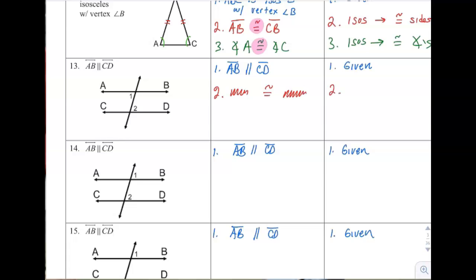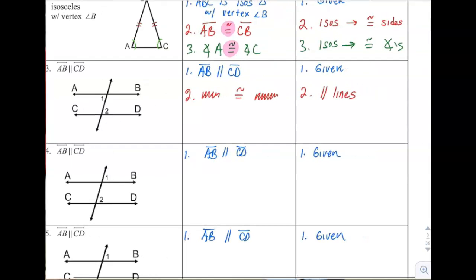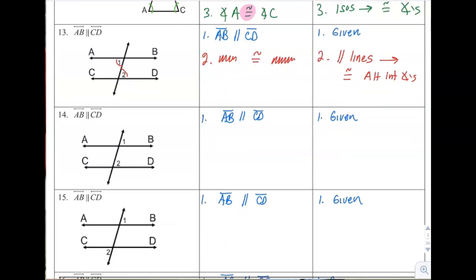because parallel lines lead to congruent alternate interior angles, which these are here. And number 14, same idea: two lines are parallel with a transversal, except these aren't alternate interior.